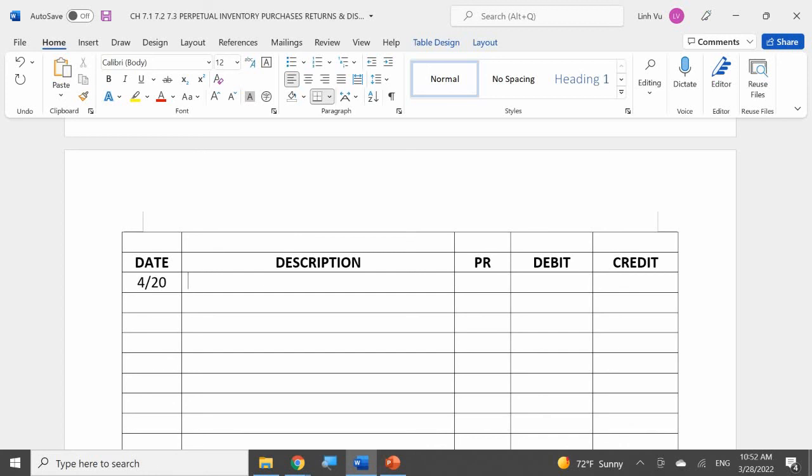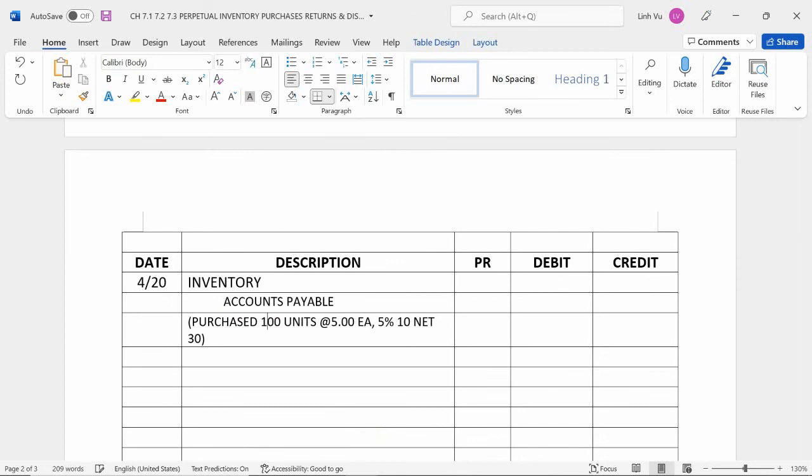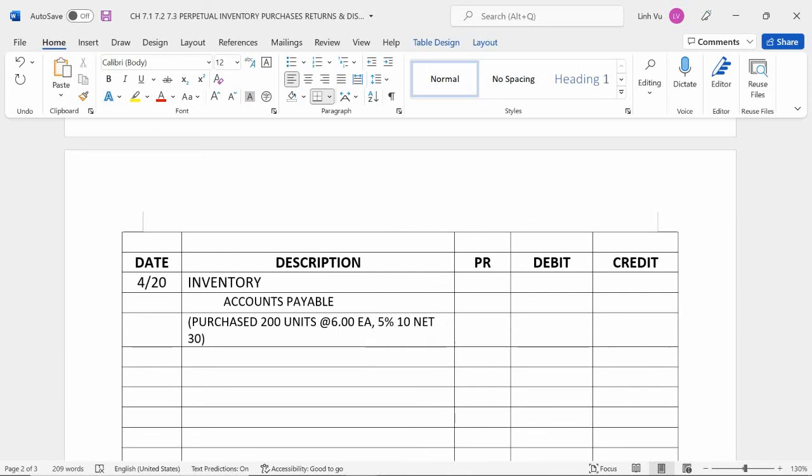Inventory, accounts payable, both for 1,220. Good. I purchased 200 units at $6 each, which gives me 1,200. Plus a freight of $20, so that gives me $1,220.